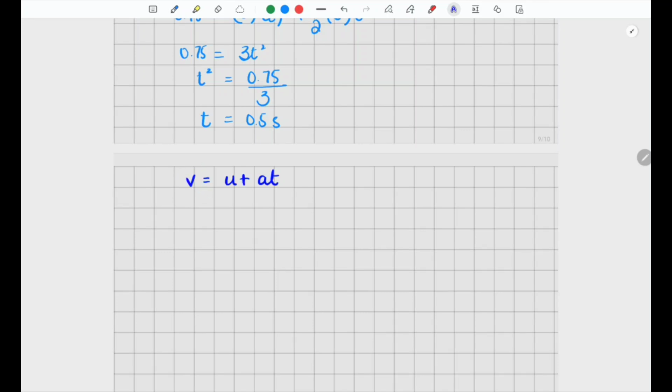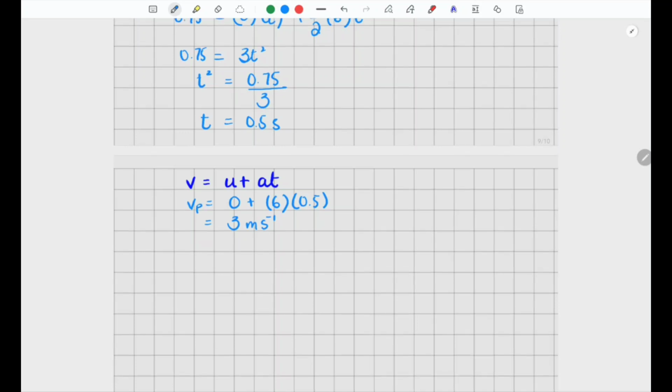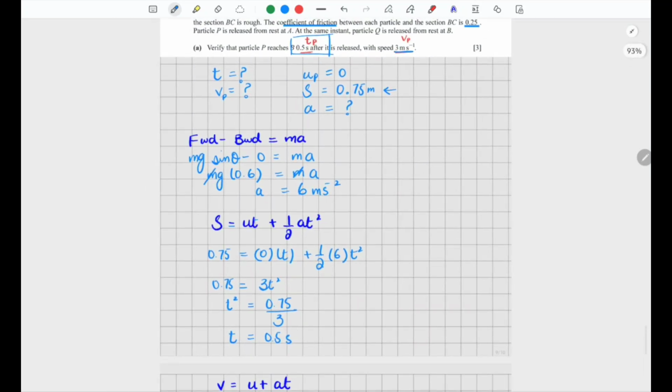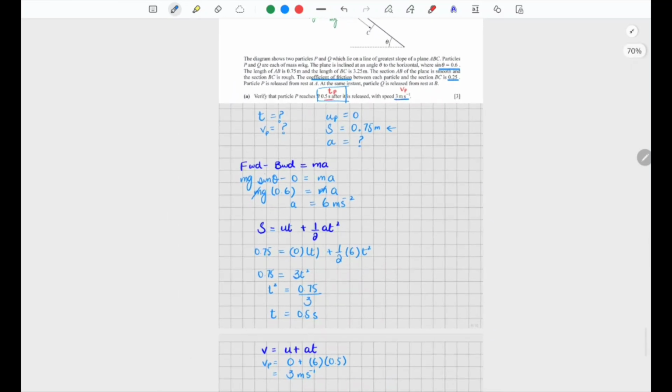So v will be equal to 0 plus 6 times 0.5, and that is 3 meters per second. So this is the second thing we have proved, that velocity of particle P is 3 meters per second. So that's all about part A.